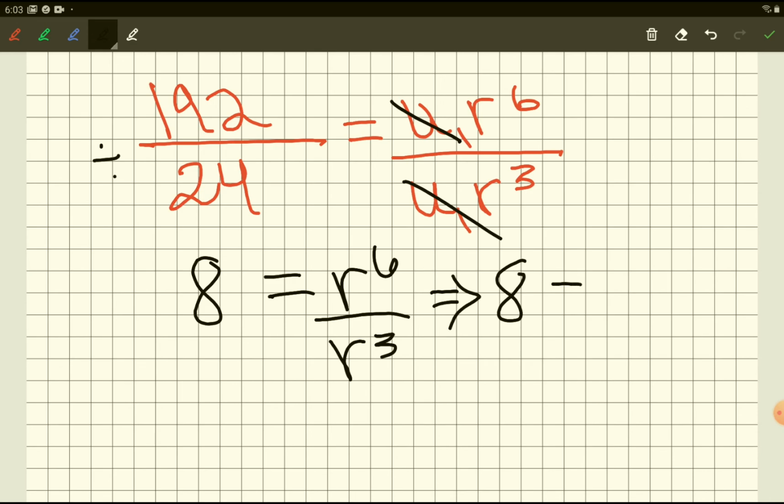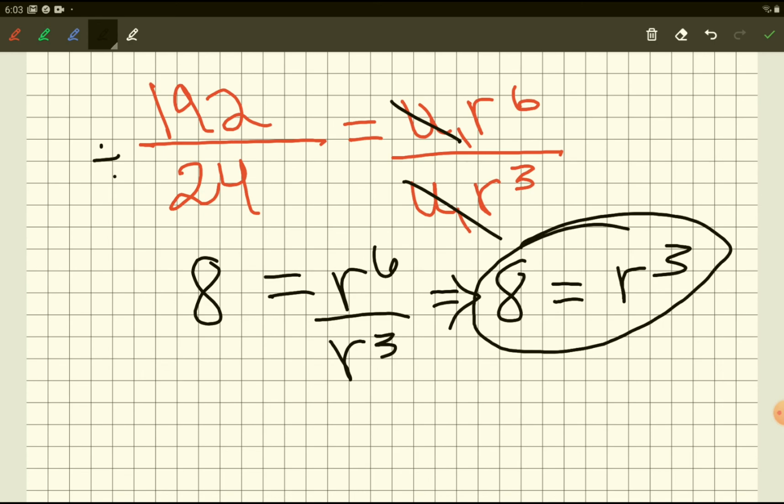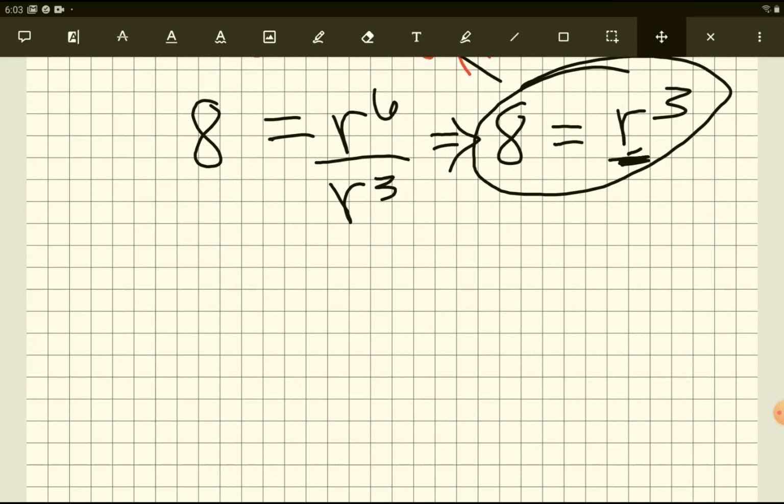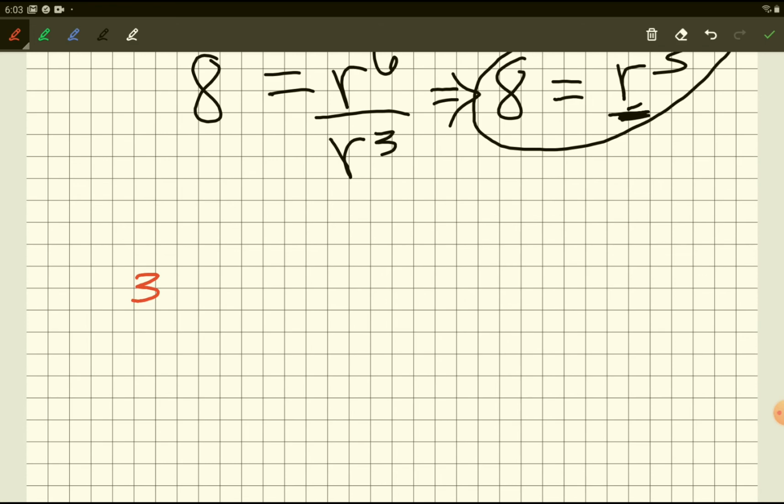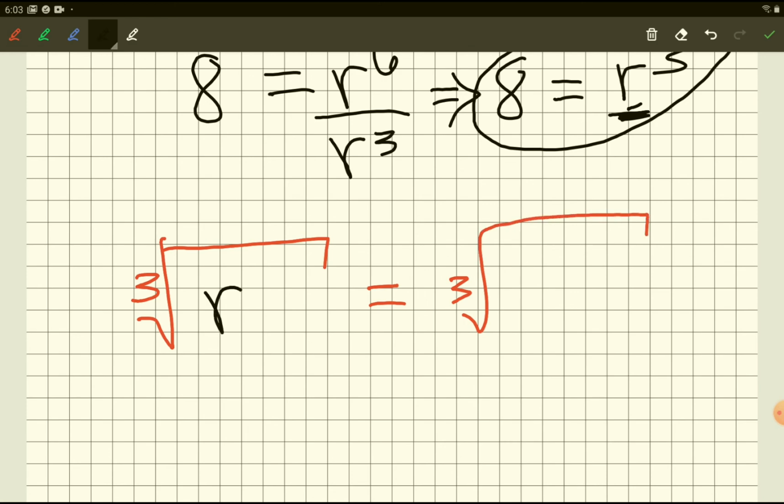So 8 is equal to r cubed. We subtract the exponents now. I want to know what r is. I don't want to know what r cubed is. So I'm going to take the cube root of both sides.